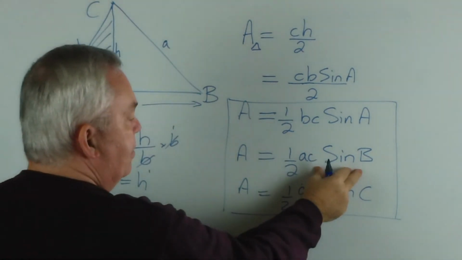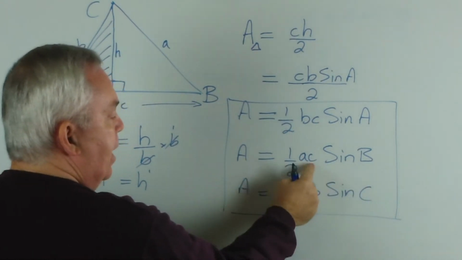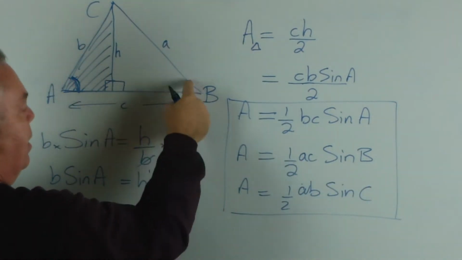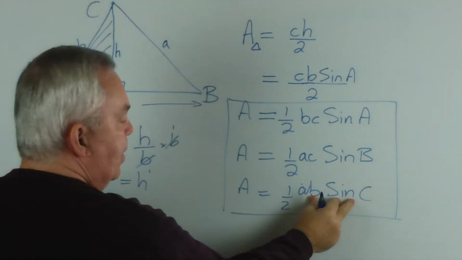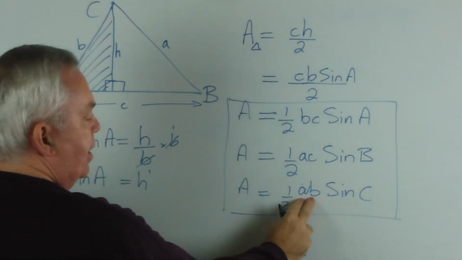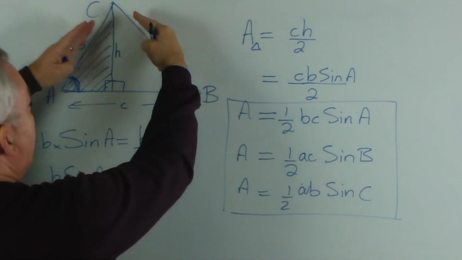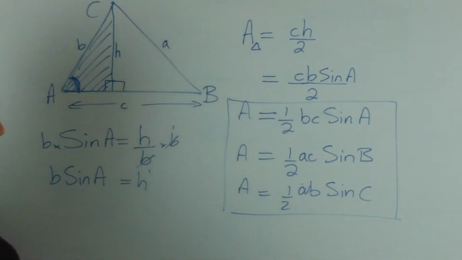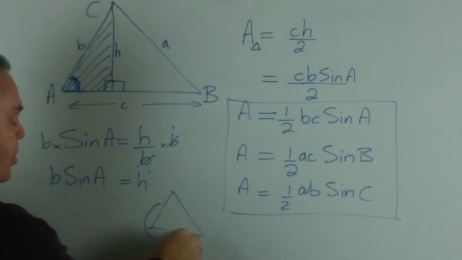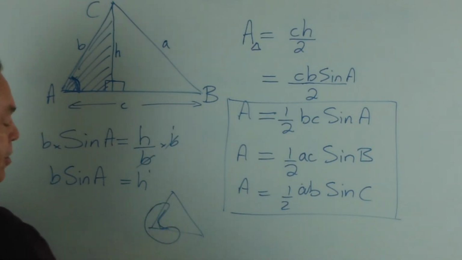If we use this formula, angle B lies between A and C. A and C, angle B. If we use this one, angle C lies between sides A and B. Side A, side B, angle C. So when I think of finding the area and I have a triangle to analyse, I think of this shape, a bit like a letter C actually, where I'm using one side and the angle and another side. That's the pattern to use.